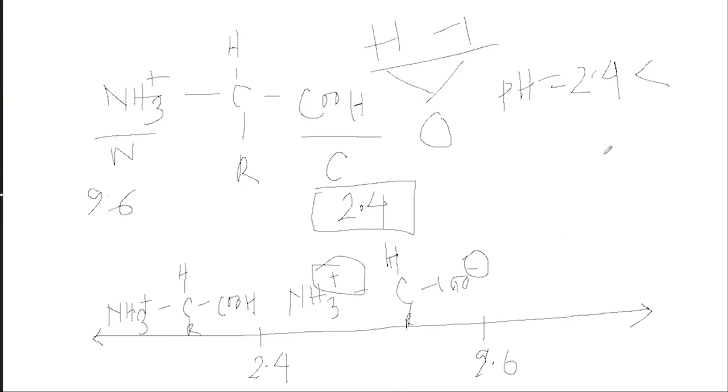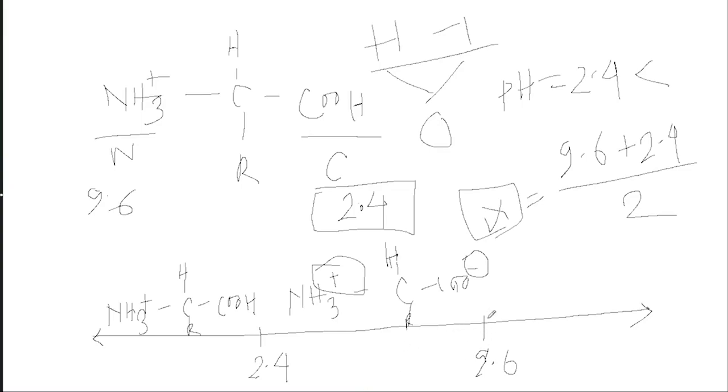So the pI will be 9.6 plus 2.4 divided by 2. So the average of the two pKa's. So whatever it comes down to, let's just say x, is the pI of the zwitterion. So at that pH, it forms the zwitterion.